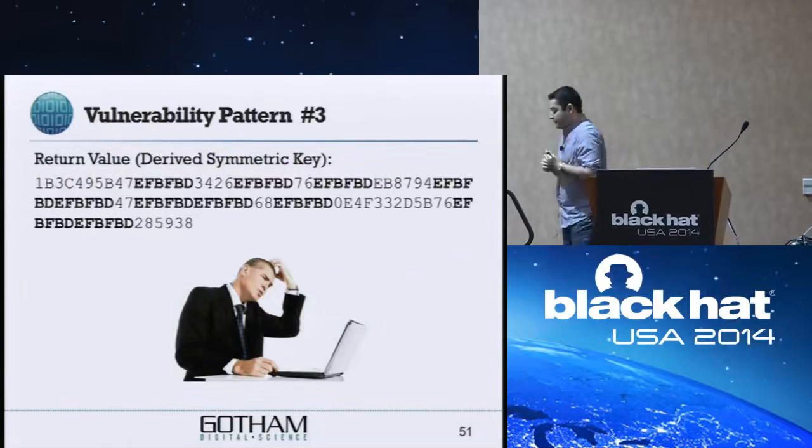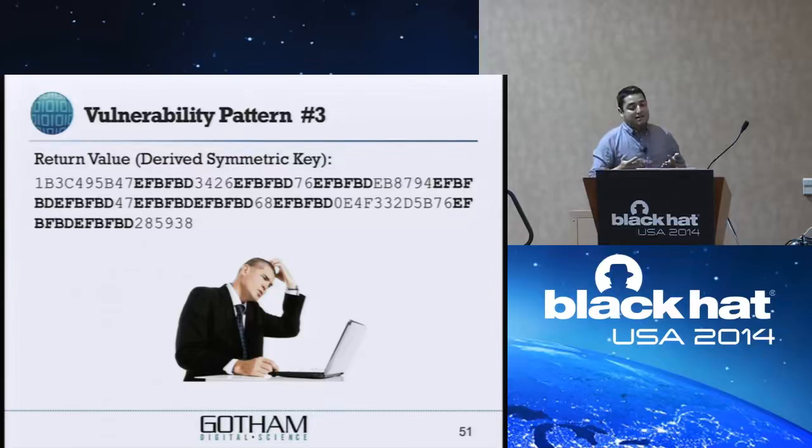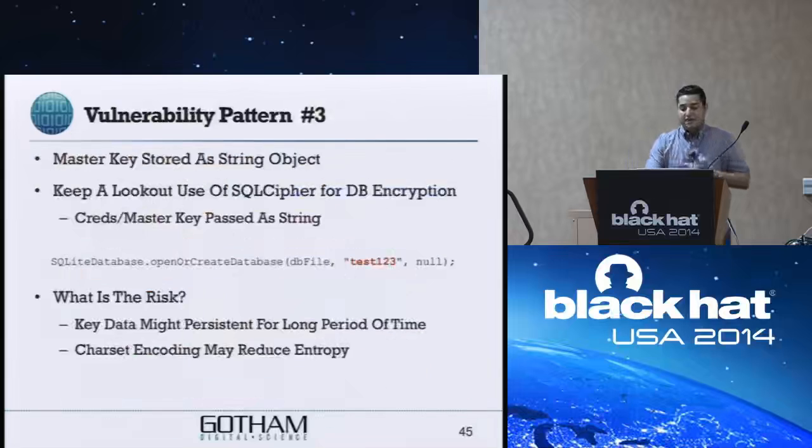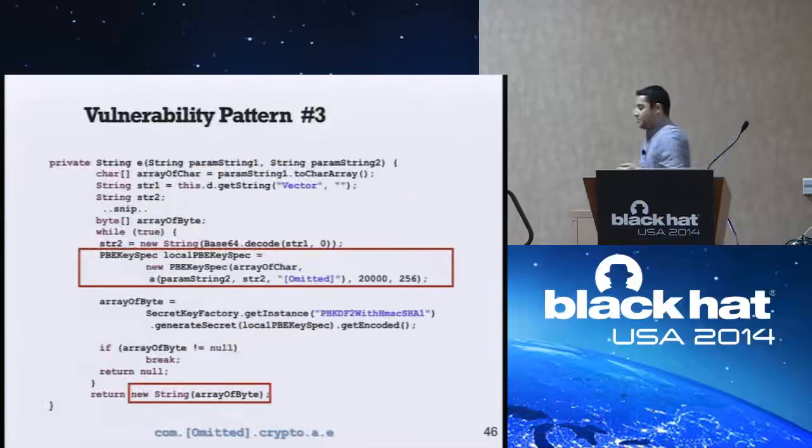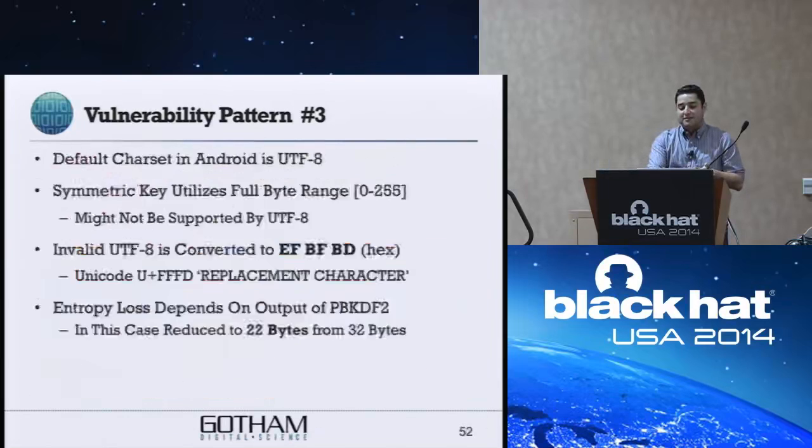What's interesting about this is, what the hell are these EFBFBDs that are all up in my master key now? The problem is that if we go back and look at the return value, it took the derived key, which is going to contain the full possible byte range, and then it's set to a string value, right?